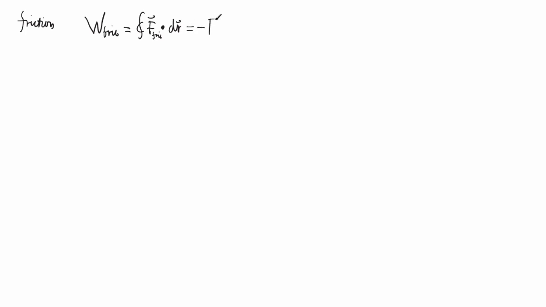So that's just minus some constant force F, and then it's just equal to the integral over the magnitude of dr. So it's just equal to F friction times L, where this is the distance traveled.